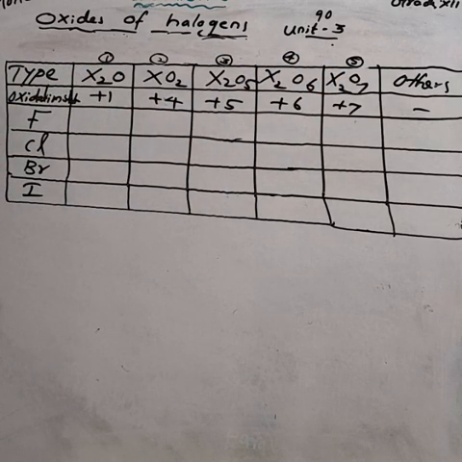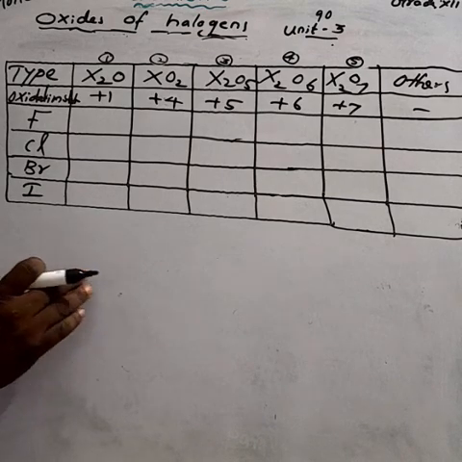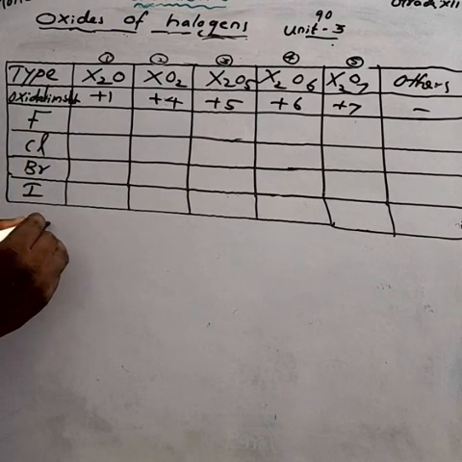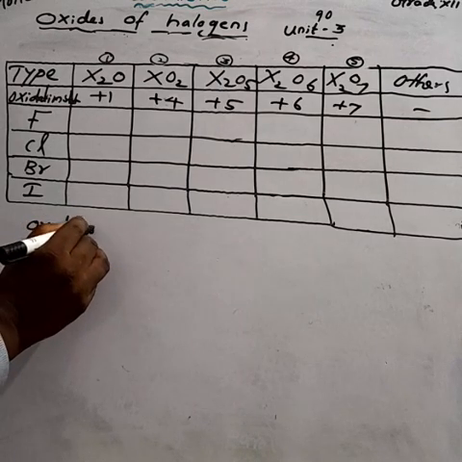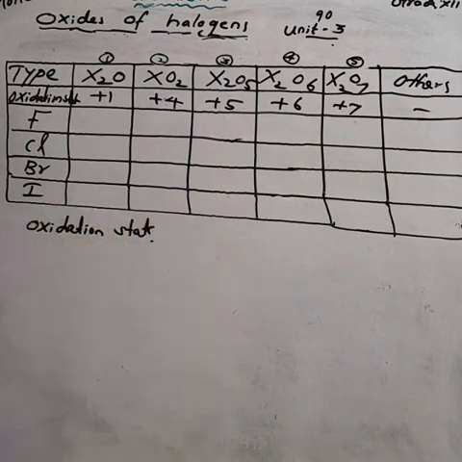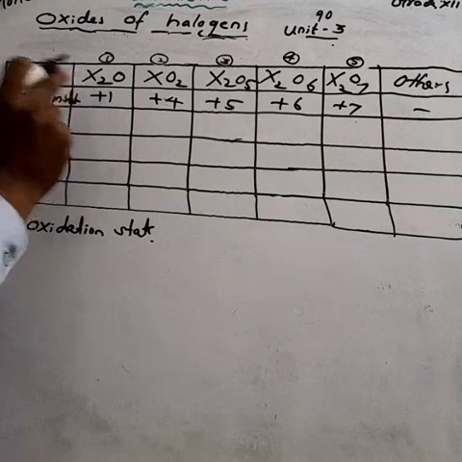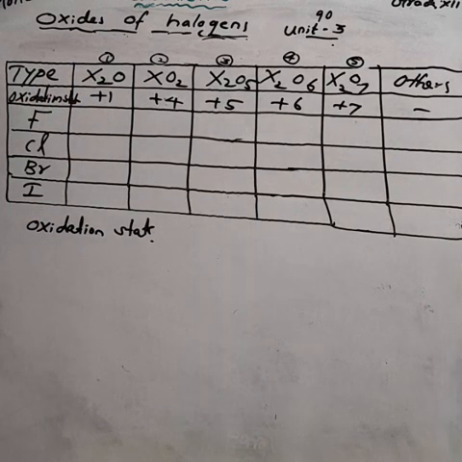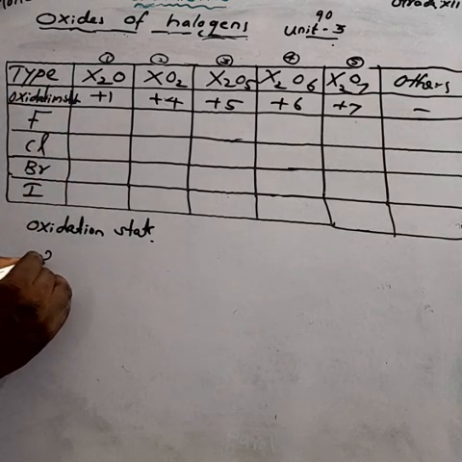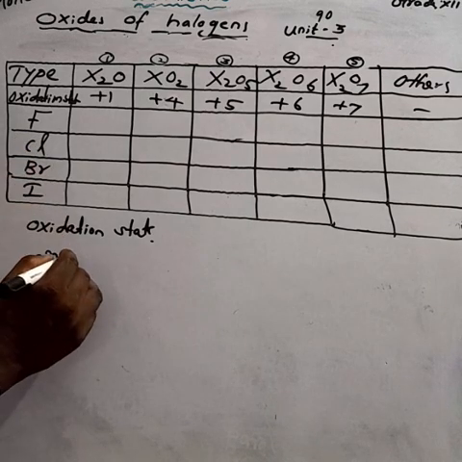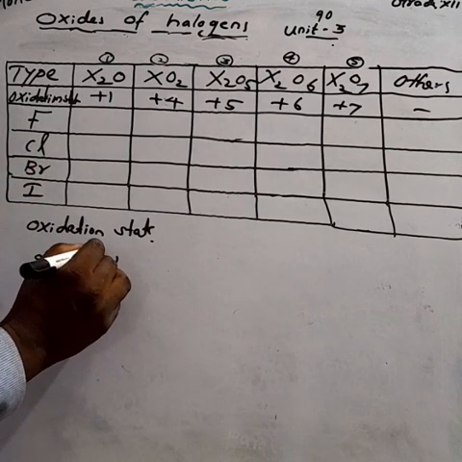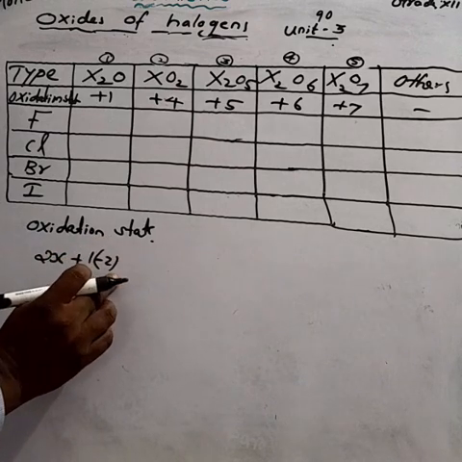We have to find the oxidation state. Many times we discuss the oxidation state, let us just recall it. How can you find the oxidation state of the compound with molecular formula X2O? We know that oxygen always has -2, not -1, always -2.